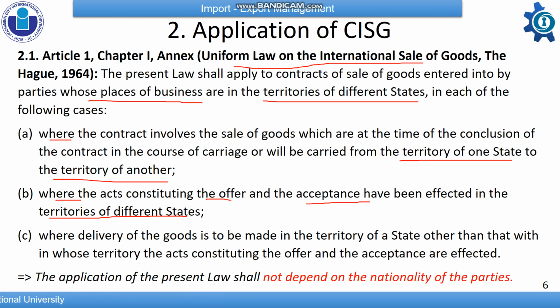So all in all, it means that as long as it's from the territory of one state to the territory of another. So we can see that the application of this law should not depend on the nationality of the parties, right? They don't mention the nationality of the party, only the different states.